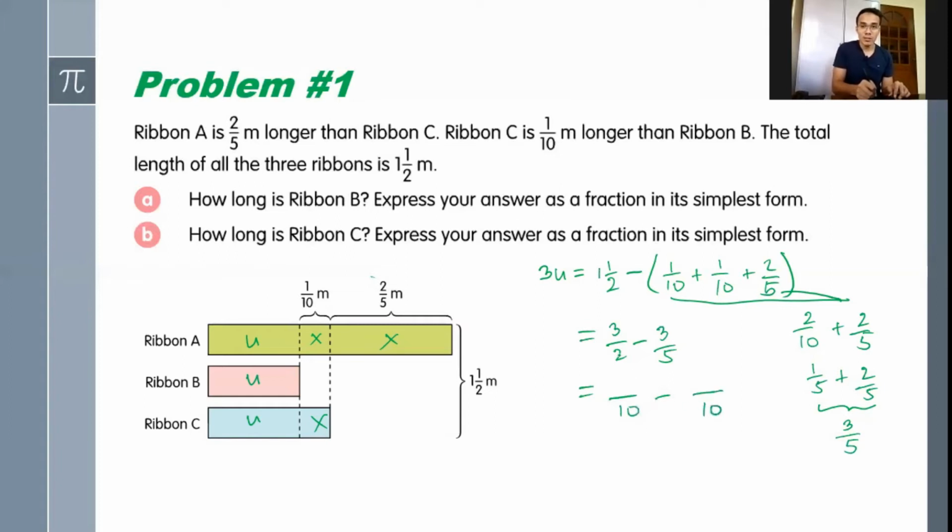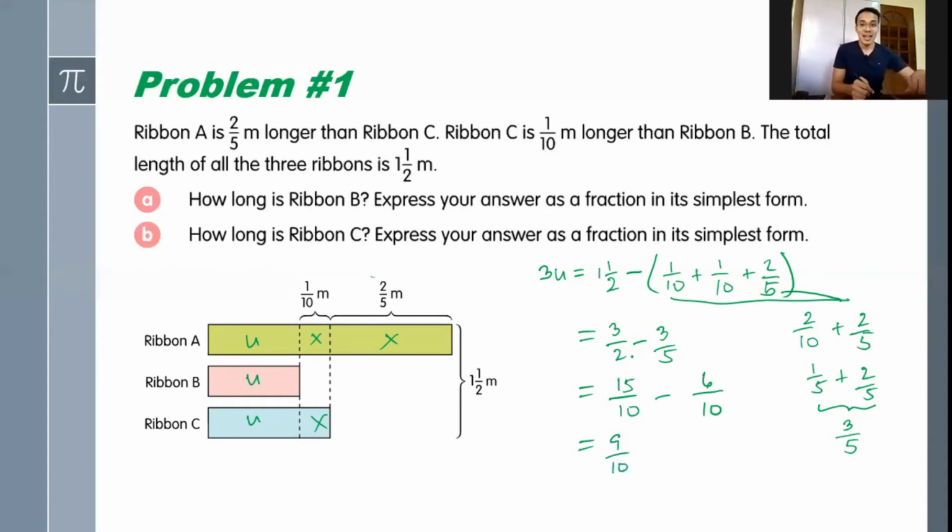To get 10 here, you have to multiply 2 by 5 and multiply the numerator 3 by the same number, which is 5. So 3 times 5 is 15. For the other fraction, 5 times what number is 10? That's 2, right? So we also multiply the numerator 3 by 2. 2 times 3 is 6. So we can now subtract 15/10 and 6/10, and the answer is 9/10.